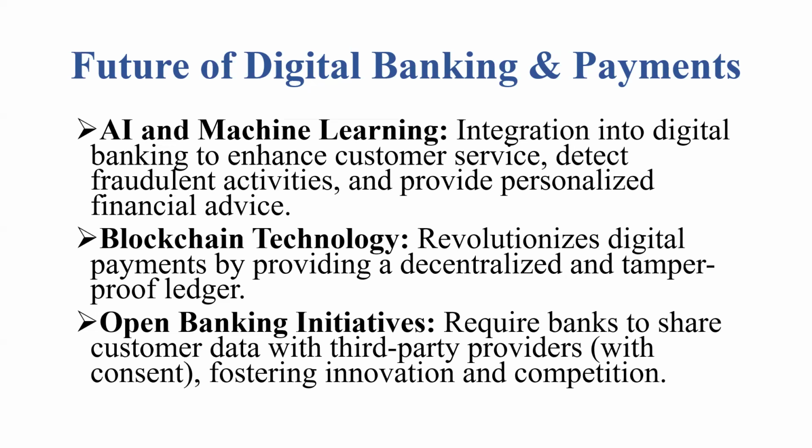Next is blockchain technology. Blockchain technology has revolutionized digital payments by providing a decentralized and tamper-proof ledger. Blockchain is a revolutionary innovation, and we will delve more into blockchain technology in a lesson on blockchains, all right?